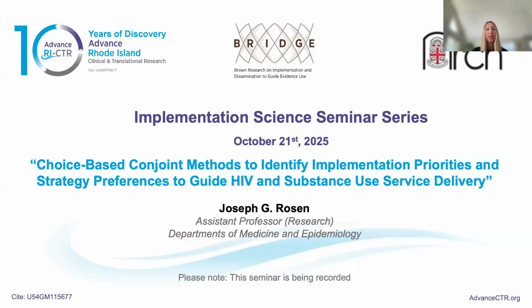I'm really excited to announce and welcome our speaker for today, who is one of our Bridge faculty members here at Brown, Dr. Greg Rosen. He is an assistant professor of medicine and epidemiology at Brown University, and he's also a research scientist in the Division of General Internal Medicine at Rhode Island Hospital. Greg leads and contributes to research at the intersection of HIV treatment and prevention and substance use services globally.